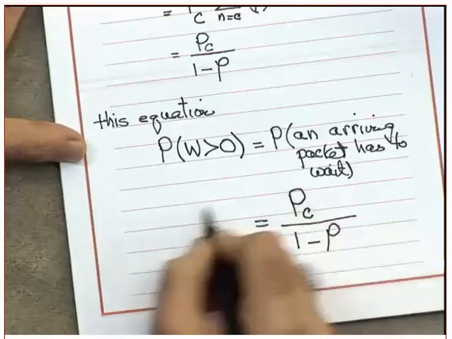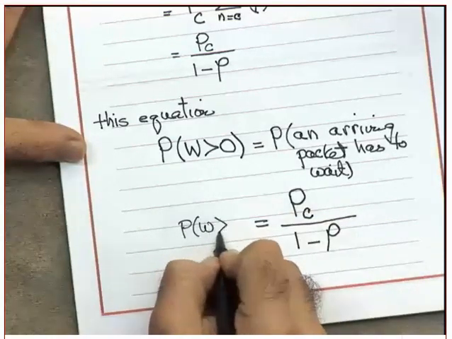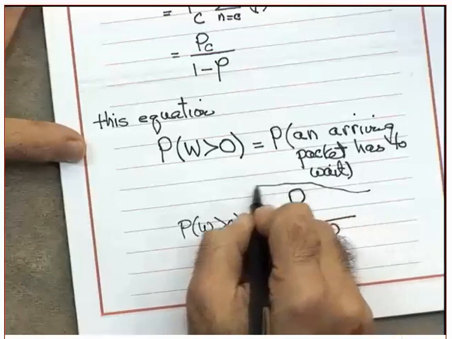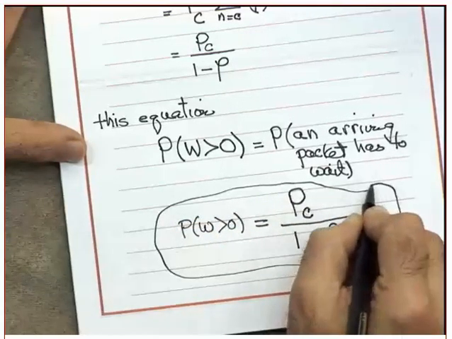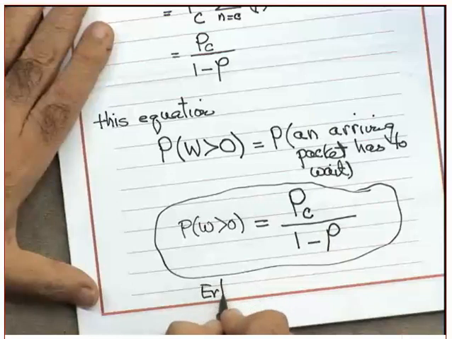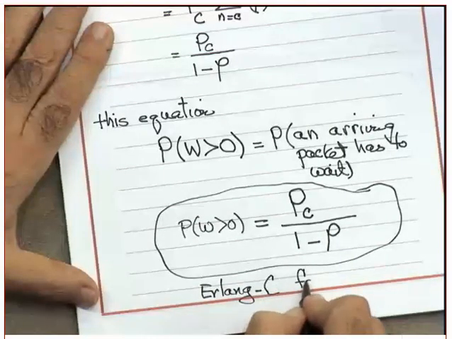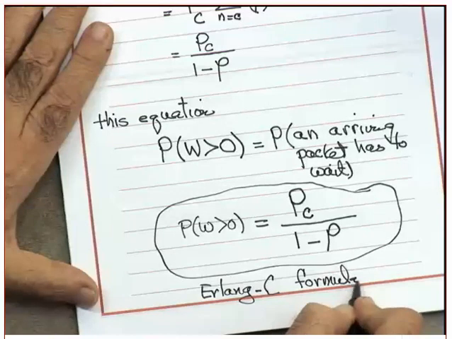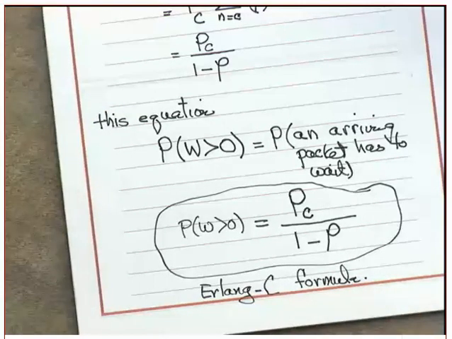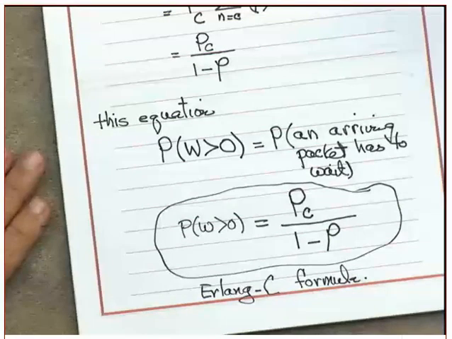Clear? This equation is called the Erlang C formula, after the mathematician who came up with it. Say that again? Very nice. No Erlang A, just B and C. Clear? Okay, good.